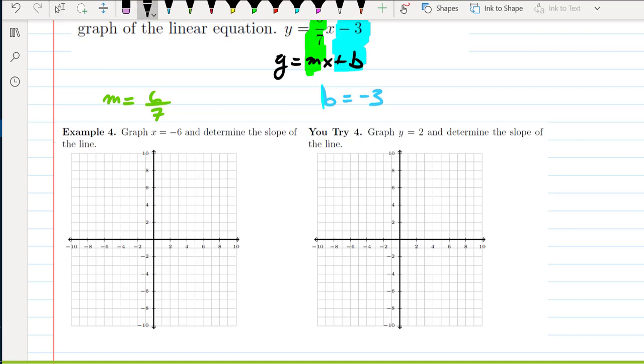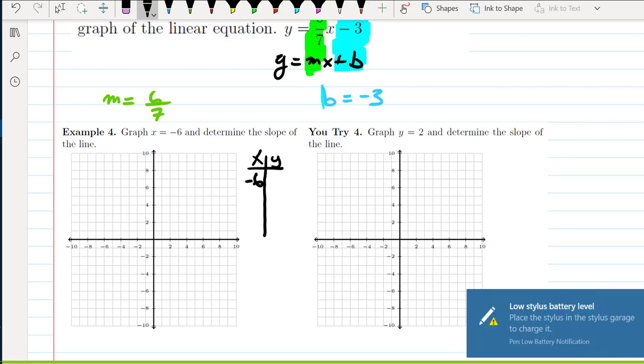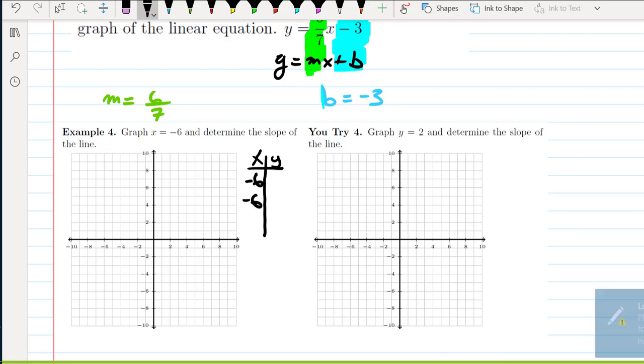We're asked to graph the equation x equals -6. So if we were going to make a table of values of our x's and our y's, normally we pick whatever we want. But to make that equation true, what's the only value of x I would be allowed to pick? Yeah, -6, right? Because if I picked any other value for x, I'm going to get a false statement. But if my equation is x equals -6, the value of y doesn't matter.